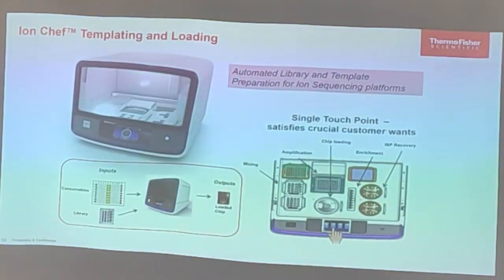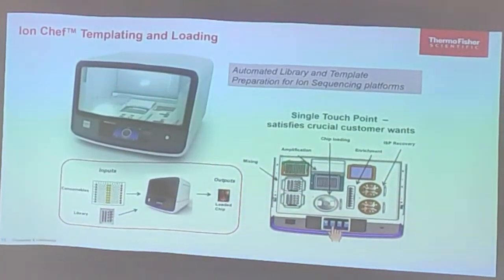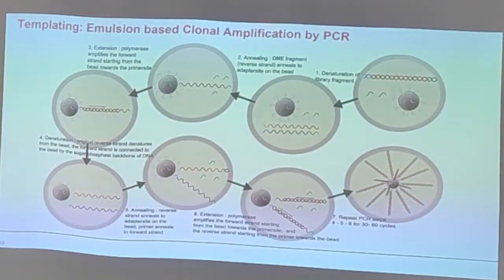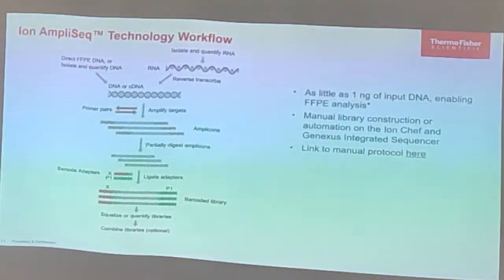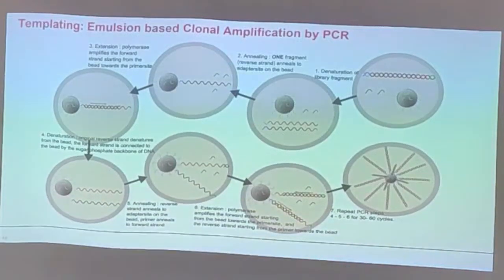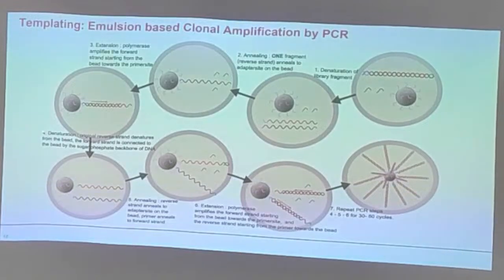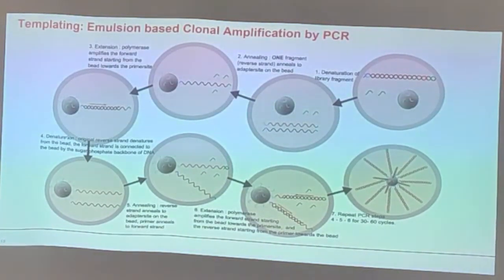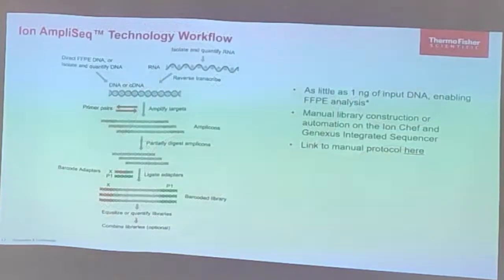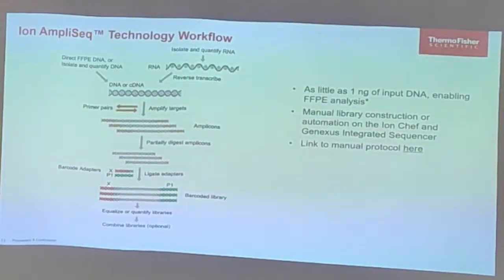Excuse me. What's the reason for the affinity of ISP beads and our DNA fragments? As I told you, this is the ISP bead. On the ISP bead you can see some finger-like projections. These are certain oligo sequences.